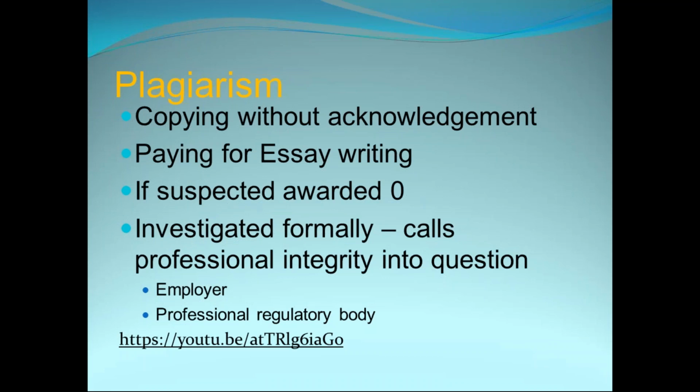Quite often people will copy without acknowledgement, potentially fall into the trap of not being able to paraphrase what they have read well and copying it. However, some people do deliberately copy without acknowledgement. As I said, the plagiarism detection software will detect that.